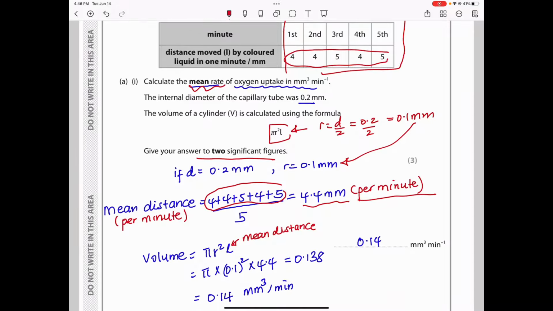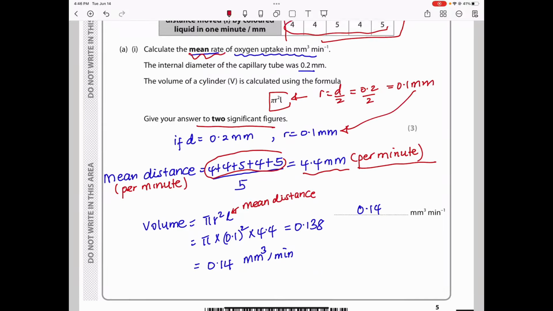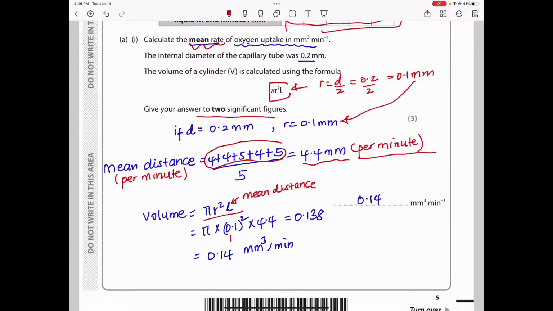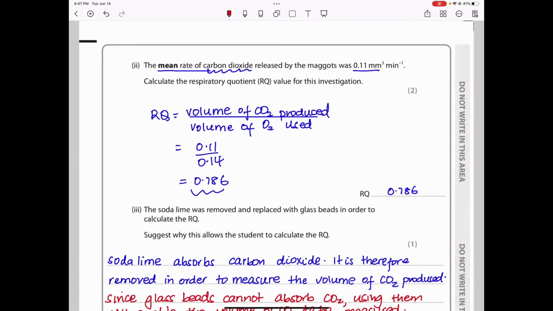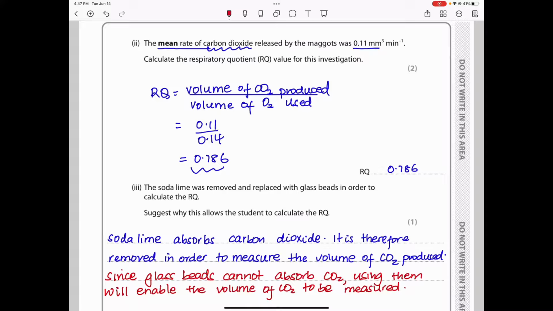So I can find the volume per time as V is pi r squared L, which is the r here squared, and then the L, which is the mean length moved per minute. When I multiply, I get 0.138. However, we need to present our answer to two significant figures, so rounding this off, we get 0.14 millimeters cubed per minute. The next part says the mean rate of carbon dioxide released by the maggots is 0.11 millimeters cubed per minute.